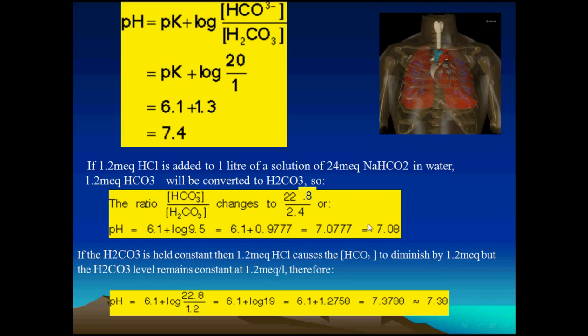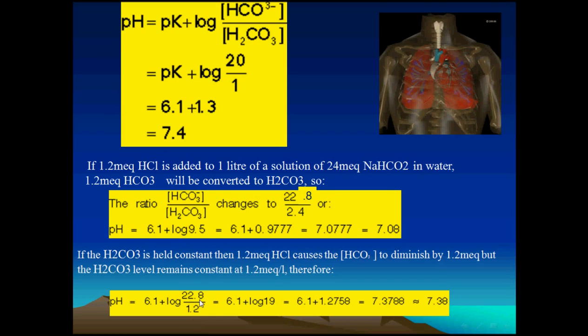This is a buffer solution, but when we look at a buffer system, 1.2 milliequivalent has been added to the solution. Bicarbonate dropped to 22.8, but the carbonic acid dissociates into carbon dioxide, evaporates, and comes out of the lung.